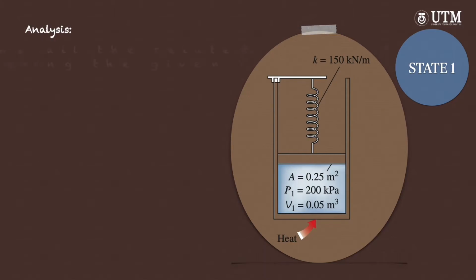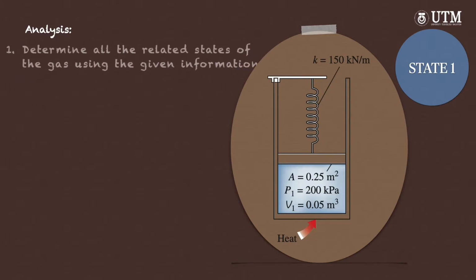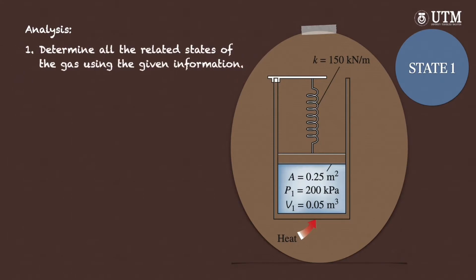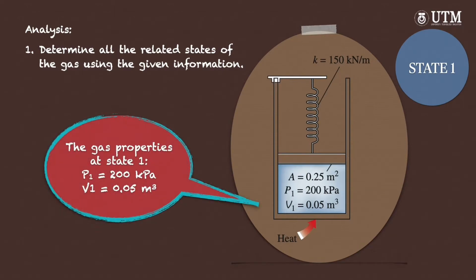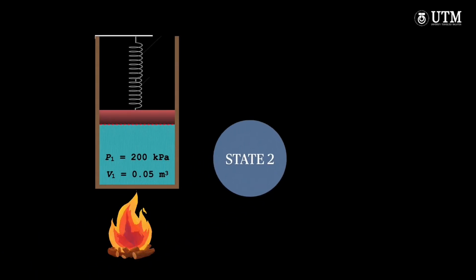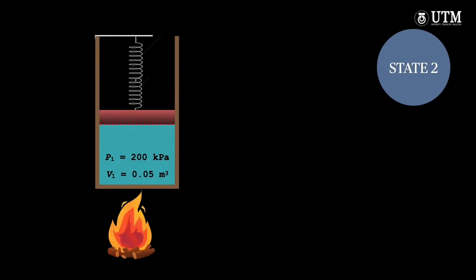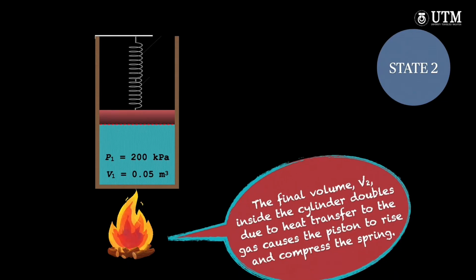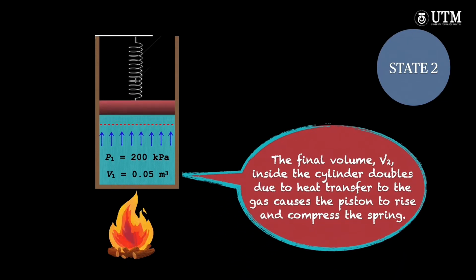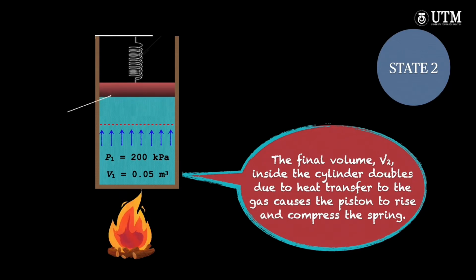For state 1, the gas initial volume and pressure have been given as 0.05 cubic meters and 200 kilopascals, respectively. For state 2, we can quickly calculate its total volume since the value doubles the initial volume due to heat transfer to the gas, causing the piston to rise and compress the spring.